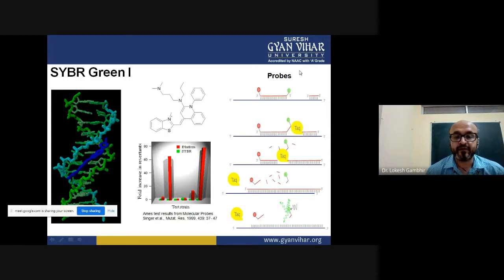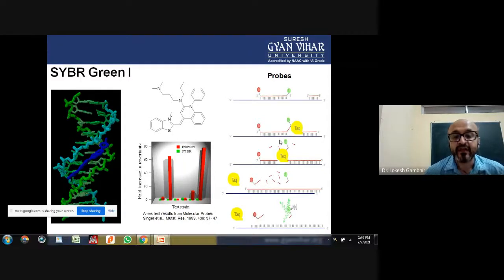Apart from SYBR Green, we also use multiple probes. Now this probe is an oligonucleotide bound with a reporter, which is the fluorochrome, and there is a quencher. Until the point where this particular probe is intact, there will be no fluorescence. The moment Taq polymerase comes in contact with the probe, it cleaves it off.